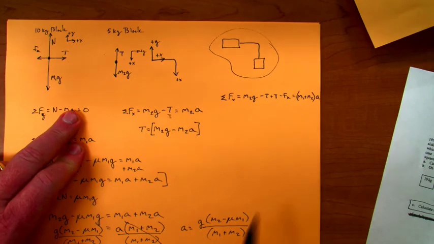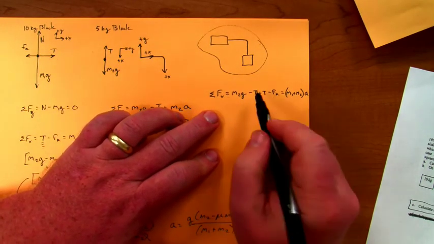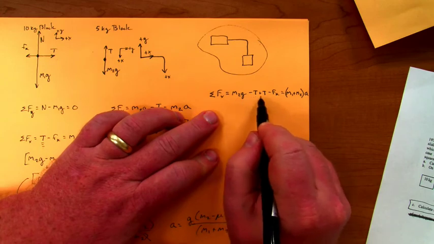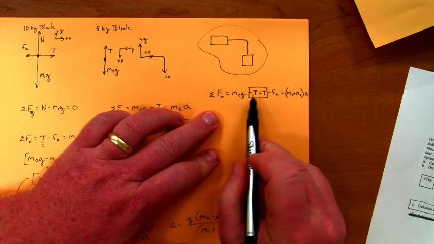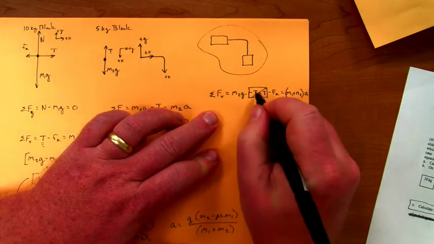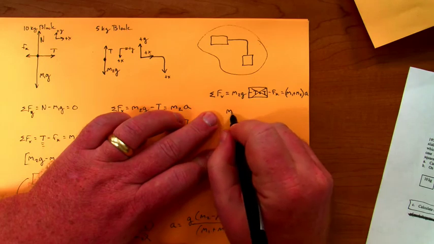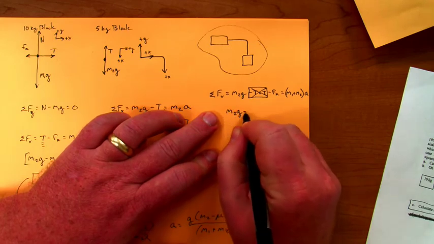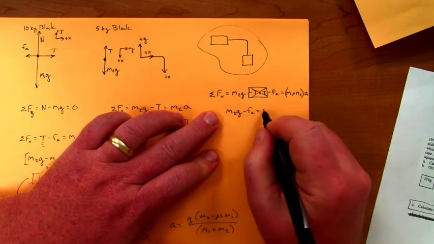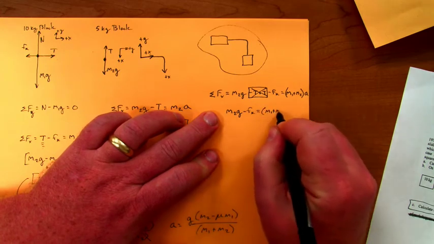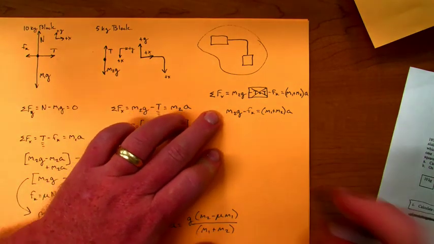Now, the reason this is nice is if you look at this, now this is my net force, I have a negative T and a positive T. So you can ask yourself, what happens to those two things? Well, negative T plus T just cancels out and becomes 0. So now my equation is simplified, and I have M2G minus friction, kinetic friction, is equal to both of the masses, because we looked at both the masses together, times the acceleration.